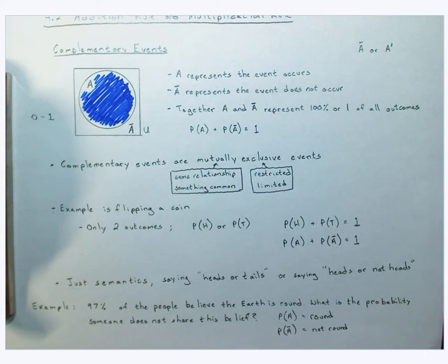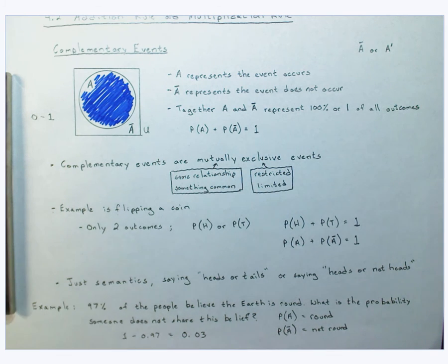How we would actually speak this is we'd say the earth is round and they would say the earth is flat. I know that the probability of A plus the probability of not A equals 1. So I'm left with a simple problem: 1 minus 0.97 equals 0.03, or 3% of the people think that.